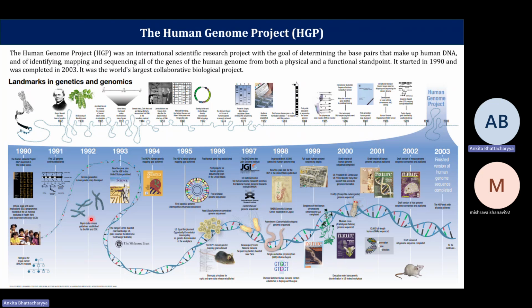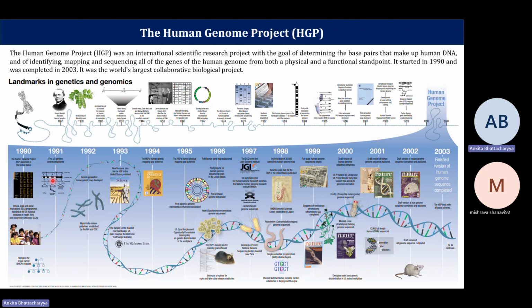There were programs called ELSI, or Ethical, Legal, Social Implication Programs, that were founded by the government of the United States. The first gene that could be mapped in this context was the BRCA1 gene, which is a known oncogene for breast cancer.